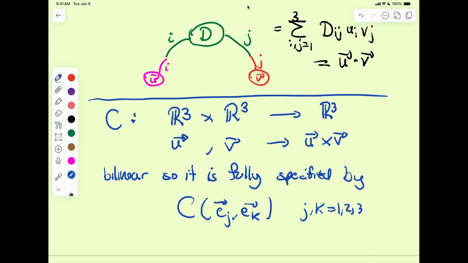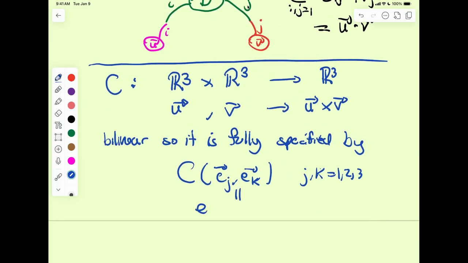It lands somewhere in R3. Let me write it like this so that it's less confusing: e_j cross e_k is what I'm calling C of e_j, e_k.